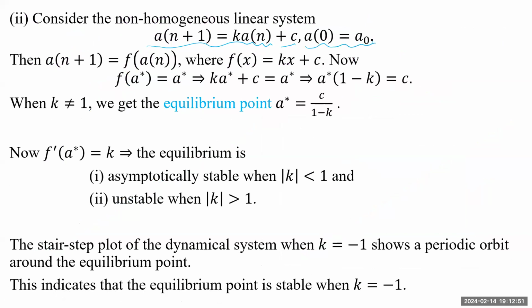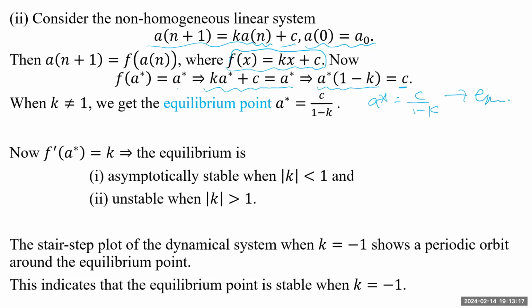You can take f of x is equal to kx plus c. Then f of a star is equal to a star, meaning k a star plus c is equal to a star, and a star times 1 minus k is equal to c. Then you can conclude your a star is equal to c over 1 minus k. This is your equilibrium point.